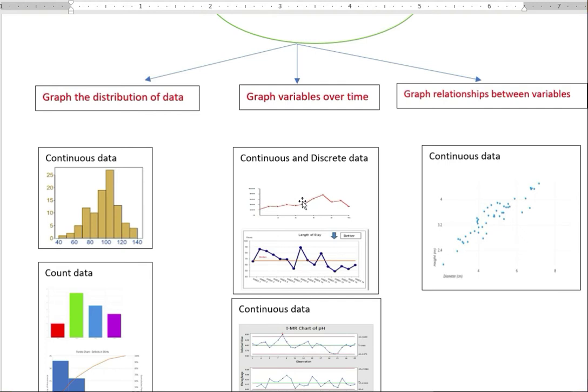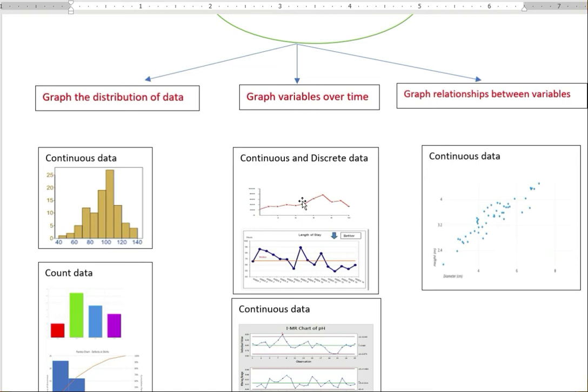See, line chart is a very basic one. Even here also, it depends upon your purpose. If you want to show only trend, go for line chart. If you want to show shift, for example, I have prepared some action plan for quality improvement, and it was implemented.